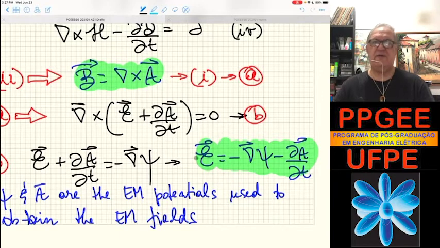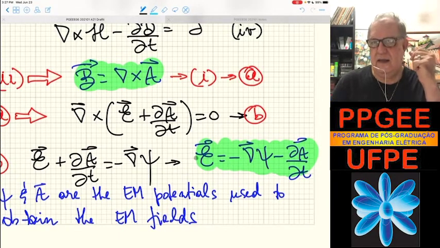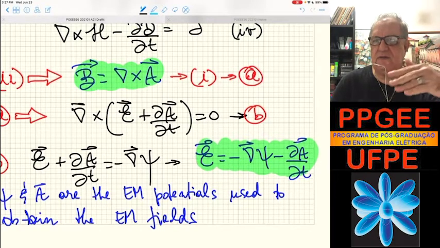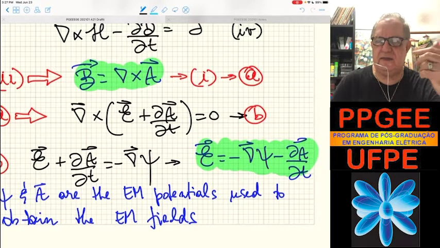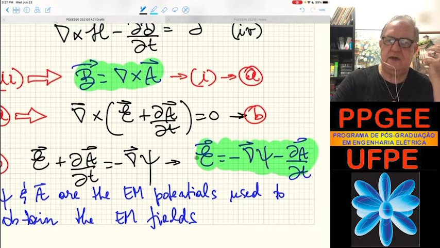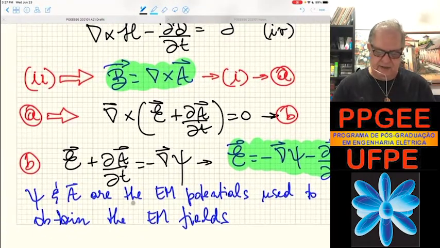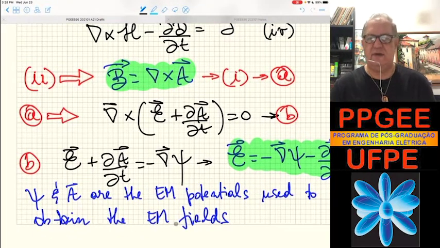So in fact, the electromagnetic problem is going to be written in terms of differential equations for the electromagnetic potentials. We have two potentials to deal with, A and psi. So these are the electromagnetic potentials to obtain the EM fields.